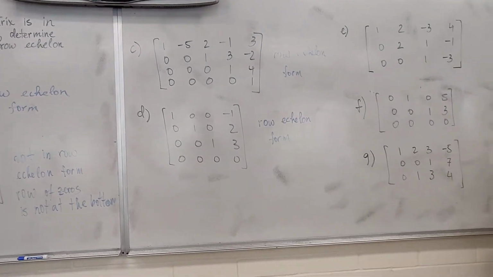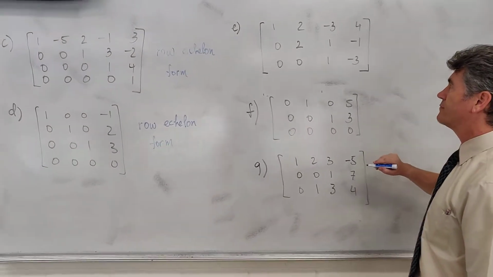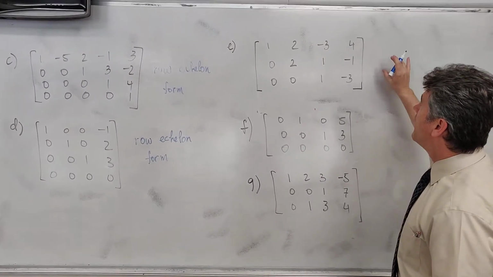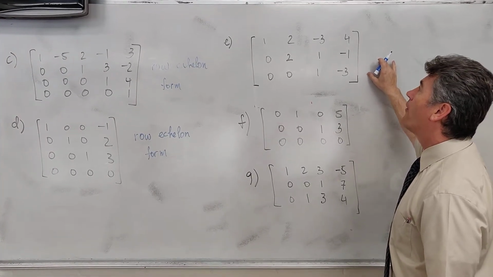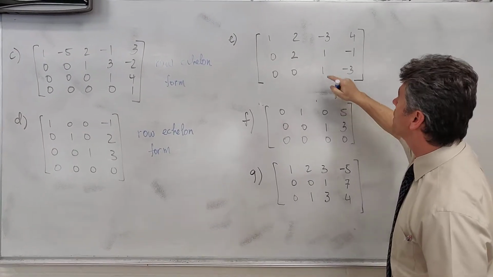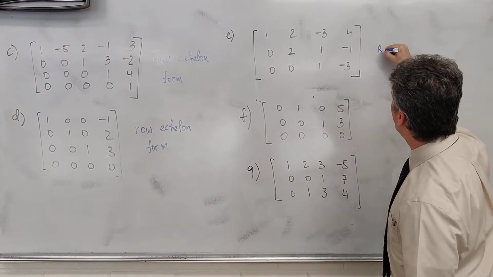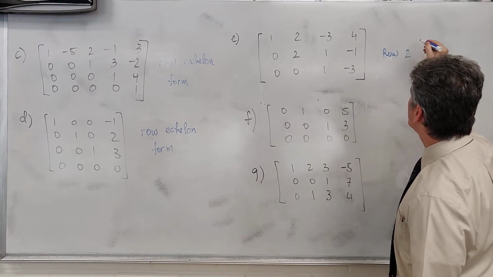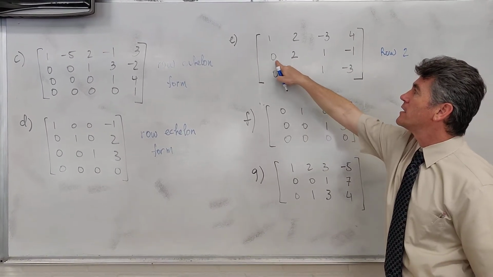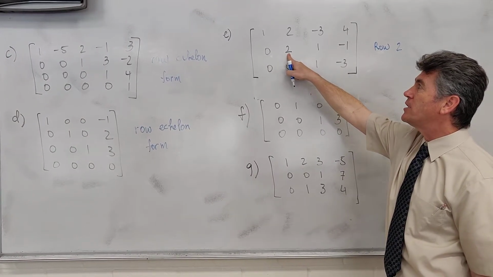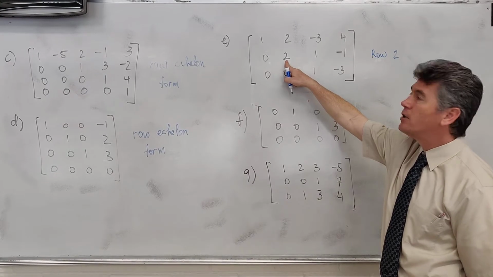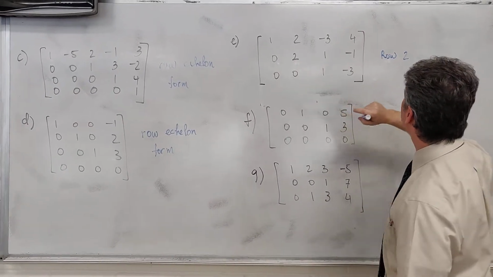Let's move on to E. We've got a problem with E. This is not in row echelon form. Why not? Let's take a look at row 2. There's a problem in row 2: 0, 2. The first non-zero entry should be a 1, not a 2.